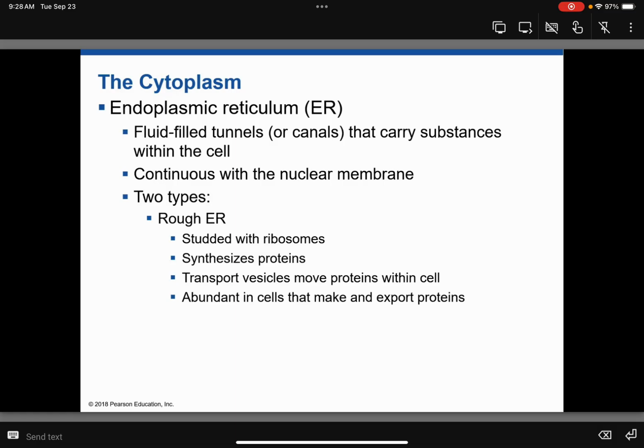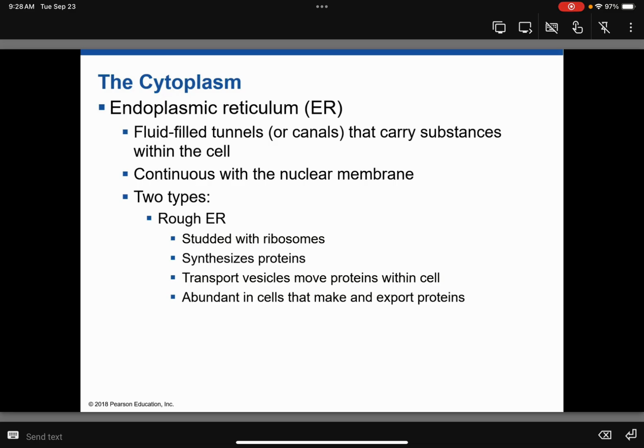Two types of ER. We have the rough ER, which we just talked about with the ribosomes. It is called that because it is studded with ribosomes, meaning that there are ribosomes attached to the membrane of it. And so you have the synthesis of proteins in the rough ER, which is making proteins is all that's saying.